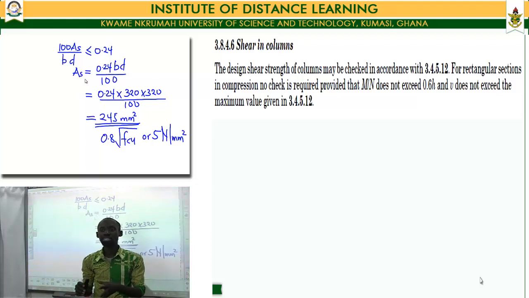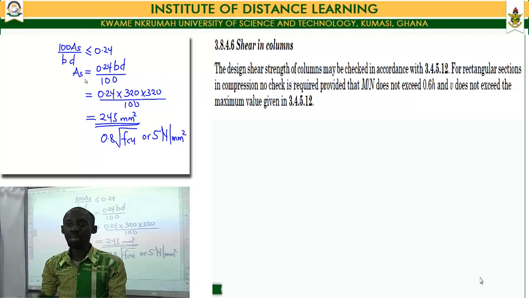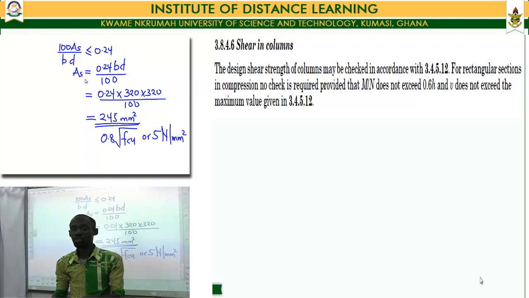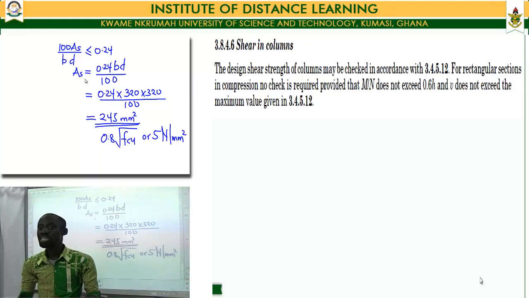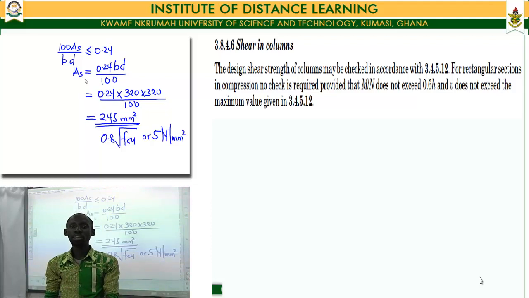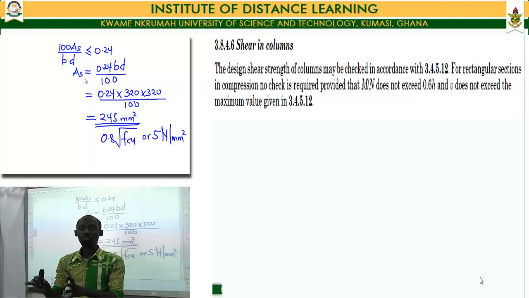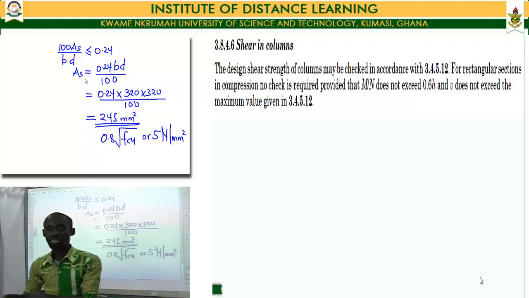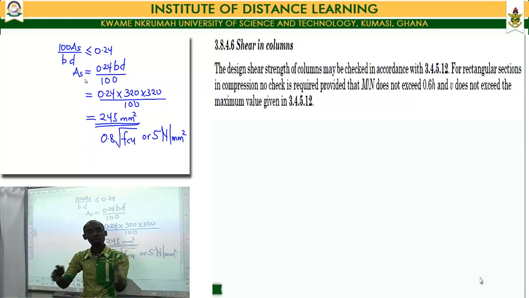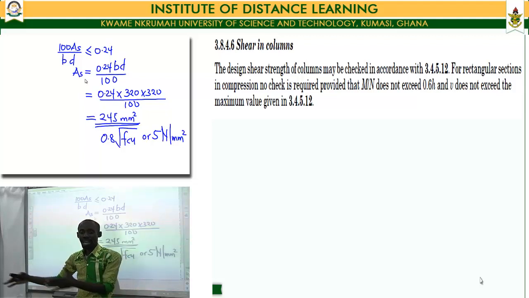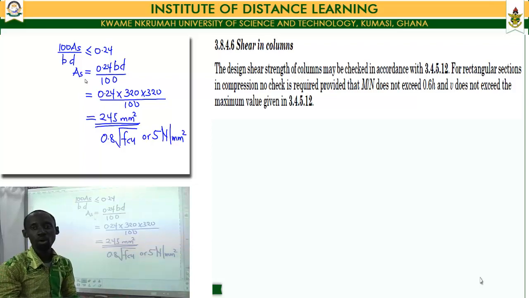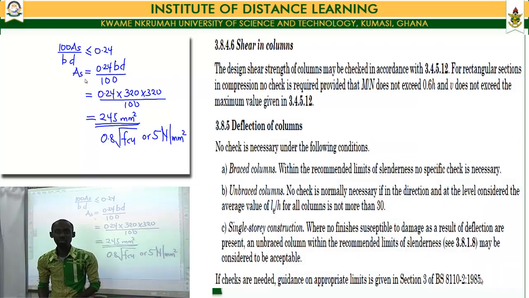And again, since we're not designing for moments whereby we could compare our moment value and our axial force value for the column that we design for, we need not do a rigorous shear design. We only need to provide the minimum area of steel reinforcement required for our shear reinforcement, just as we saw under the beam design, where we provided minimum links for the full length of the beam. And at this section also, we are supposed to provide minimum links for the full length of our columns, just as we did under the beam.